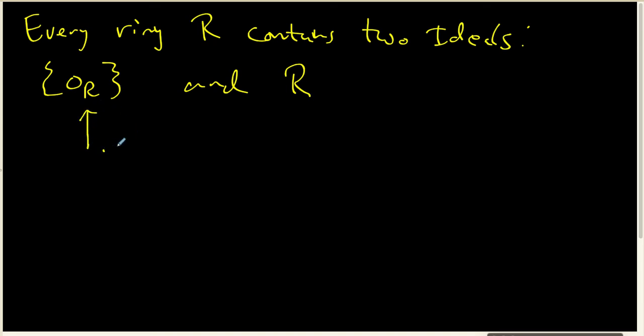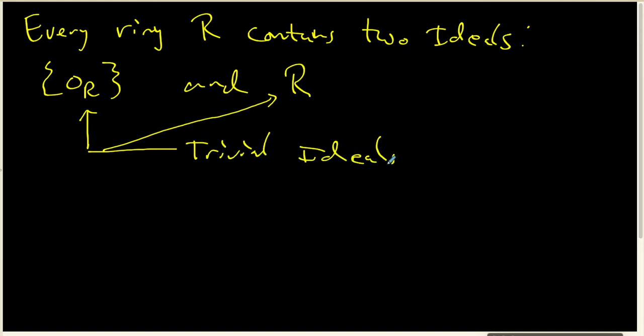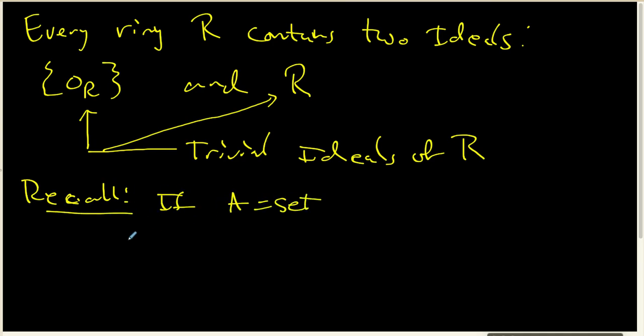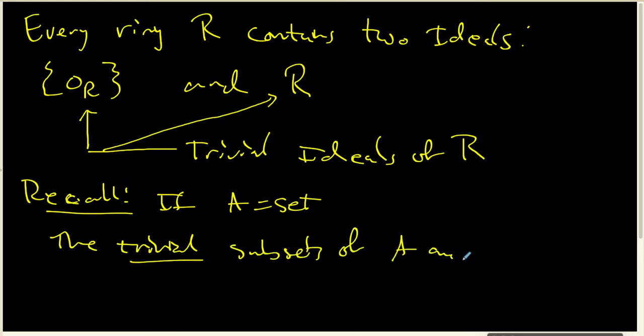And these two ideals are usually called the trivial ideals of R. And they are very similar to the trivial subsets of a set. So let's just recall some language: if A is a set, the trivial subsets of A are the empty set and A itself.